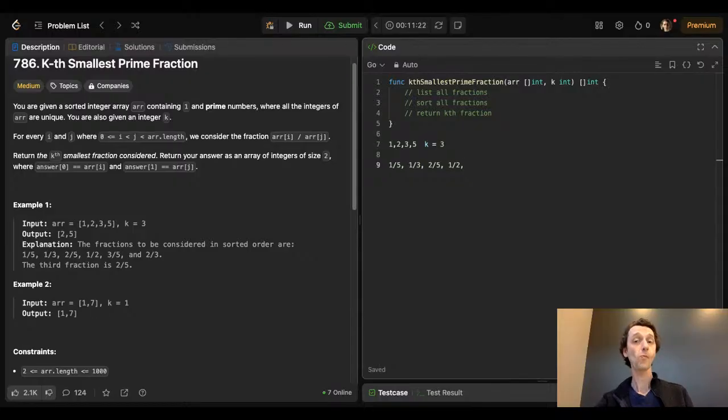So let's try this. And so how can we check that it's third smallest or not?